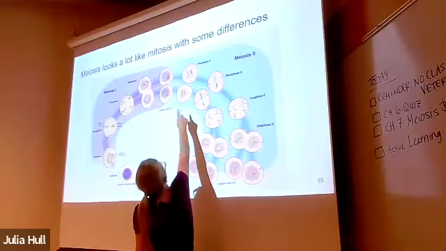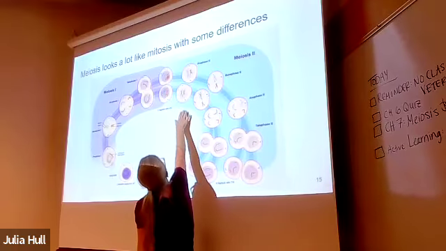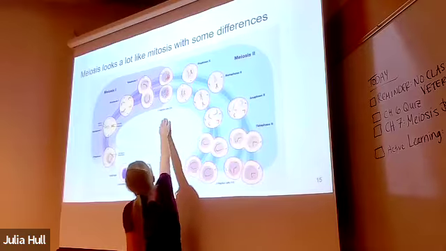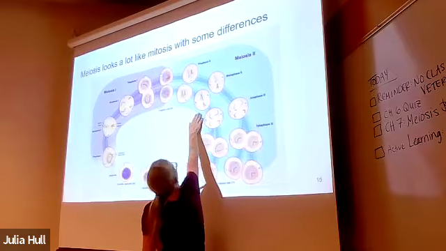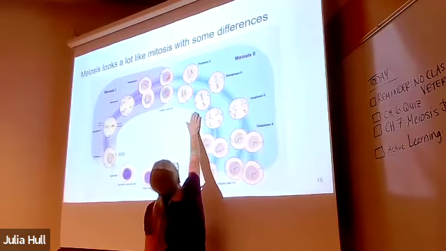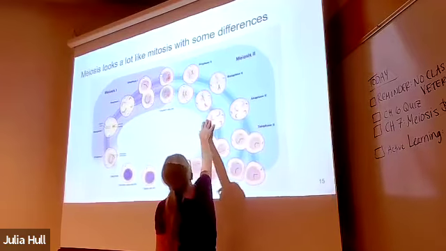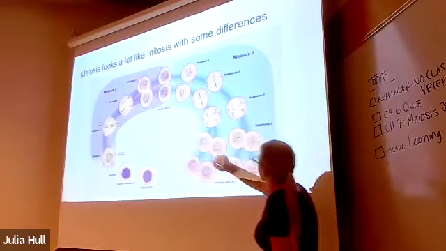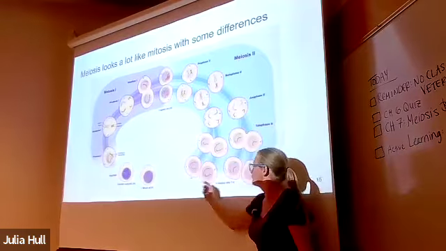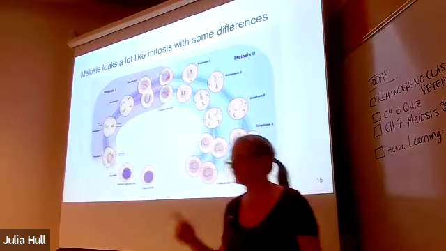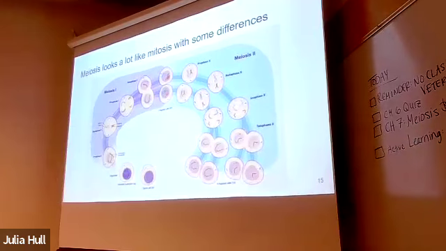Then we do meiosis 2, where we undo that nuclear envelope that we just made. Then we line up our chromosomes again, yank them apart, and reform our nuclear envelopes. We have 4 haploid cells at the end of this process.